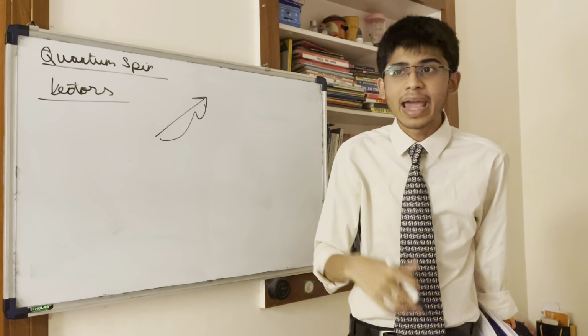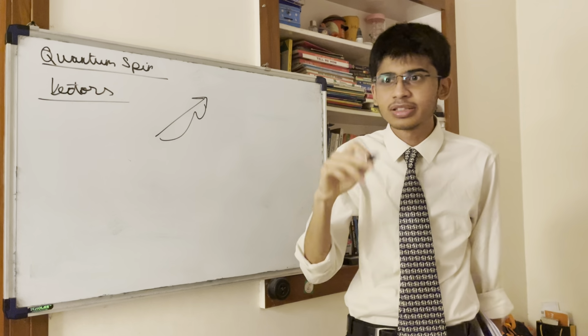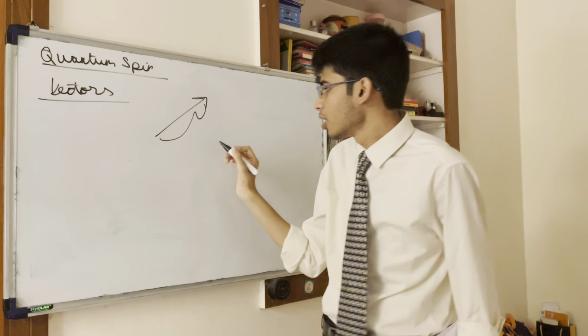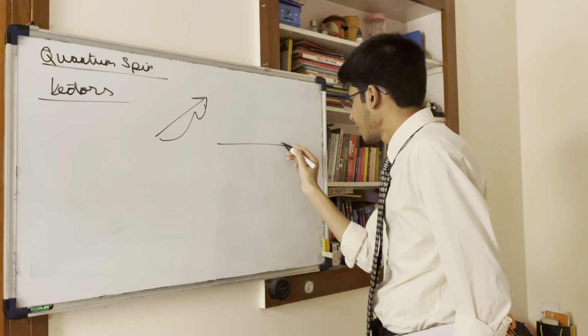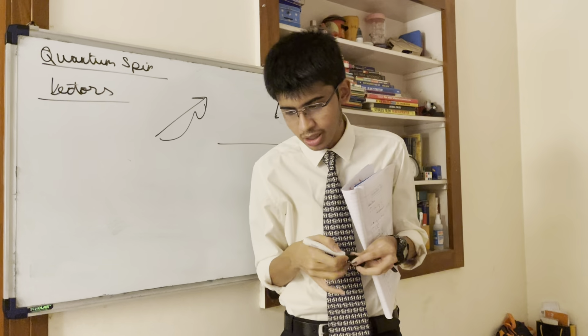So let's take an example of a vector, that will be velocity. So if my velocity is, let's say, 20 meters per second east, this would be 20 units on the scale, and this would point due east. So that's how a vector looks like.